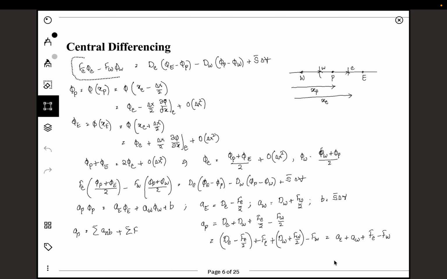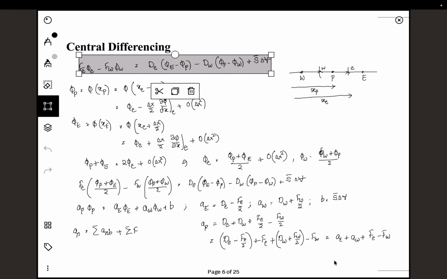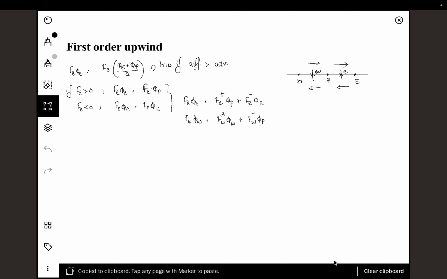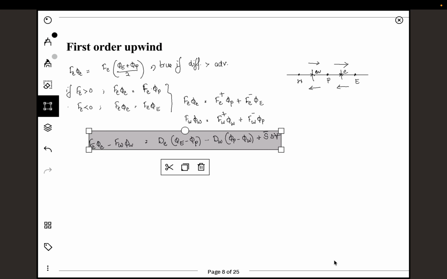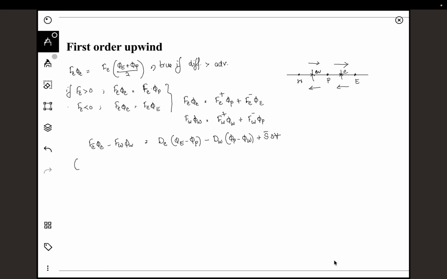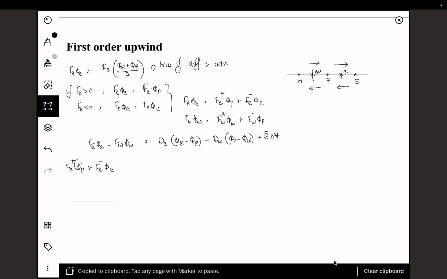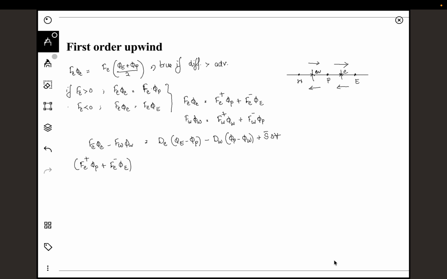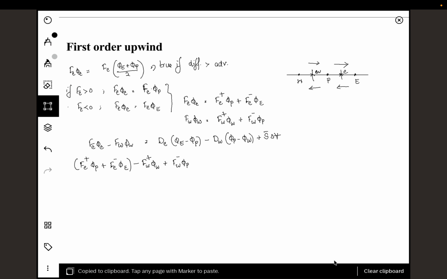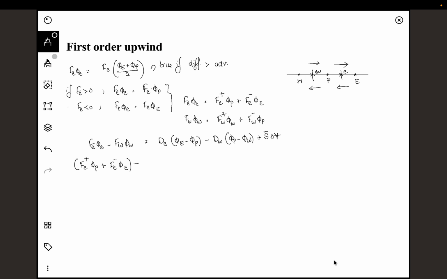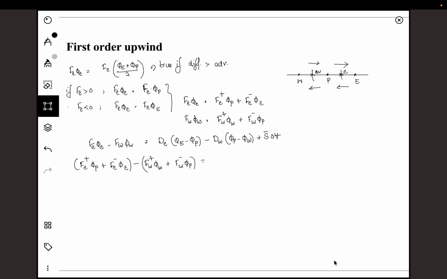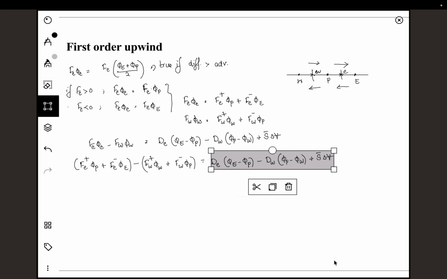So this is our governing equation. If you plug these terms into the equation, so this is my equation.